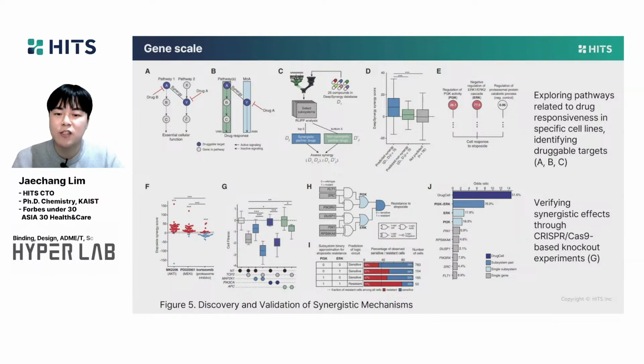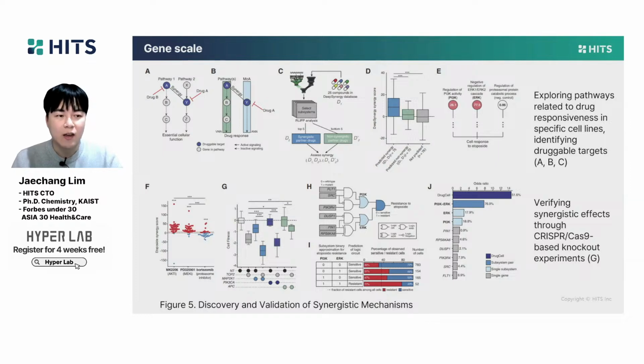The researchers didn't just create the model, but they proved it through experiments. For example, when a specific drug was treated to cancer cells, AI predicted the target pathway, discovered new pathways, and predicted synergistic effects. When this synergistic effect was verified through the CRISPR technique, it was confirmed that the predicted target pathway indeed had a greater impact on cancer cell death.